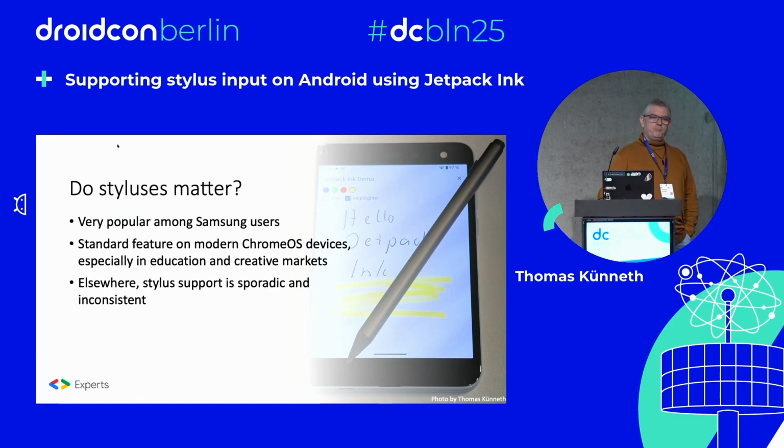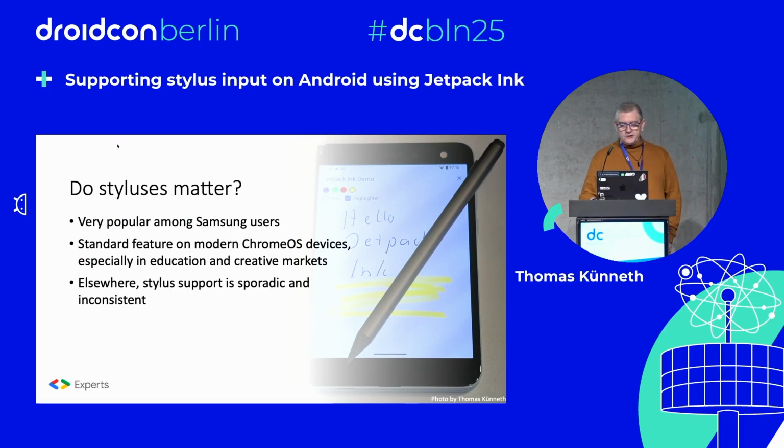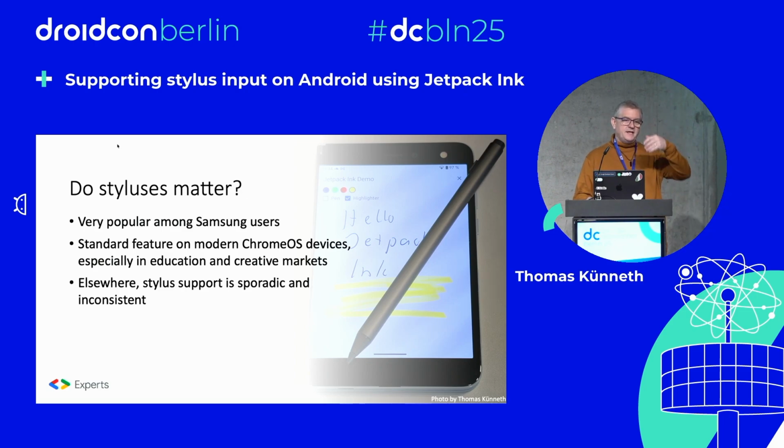Before we dive into how we use the Jetpack Ink API, we inevitably need to discuss: do styluses matter on Android at all? They are very popular among Samsung users, since a lot of Samsung devices come with a stylus, that S Pen thing, and also a few Chrome OS devices, particularly in the educational market, come with a stylus.